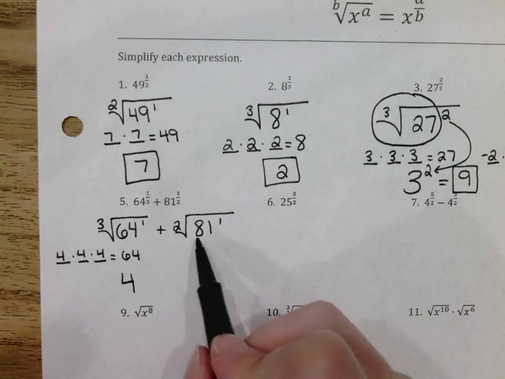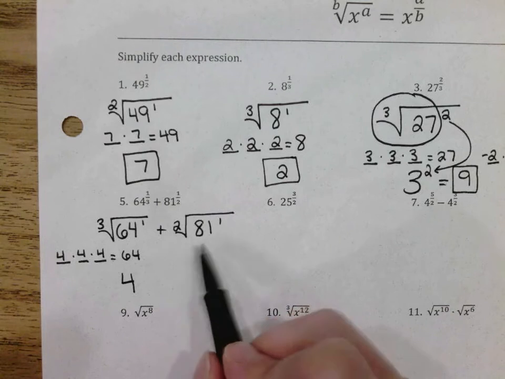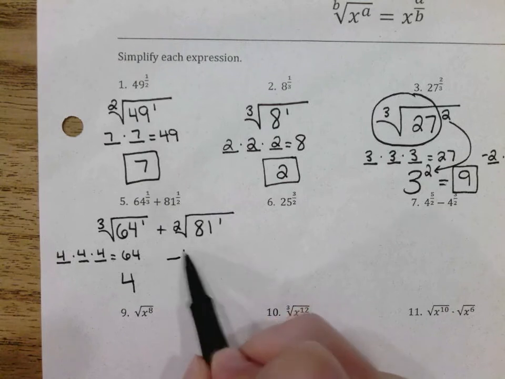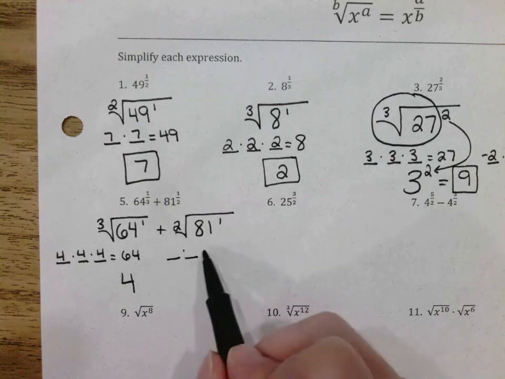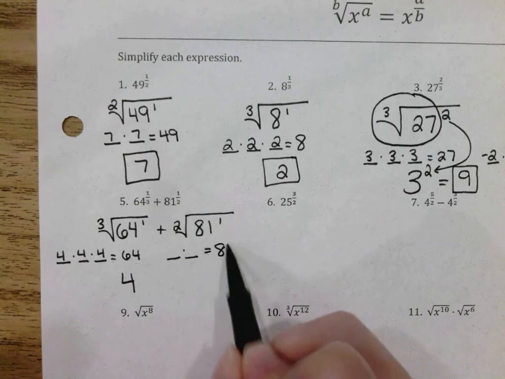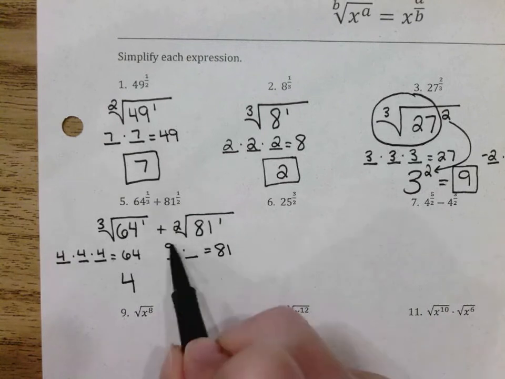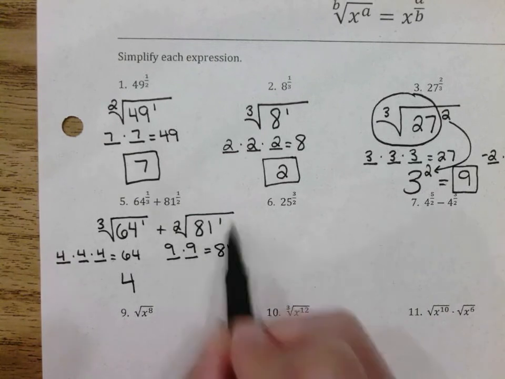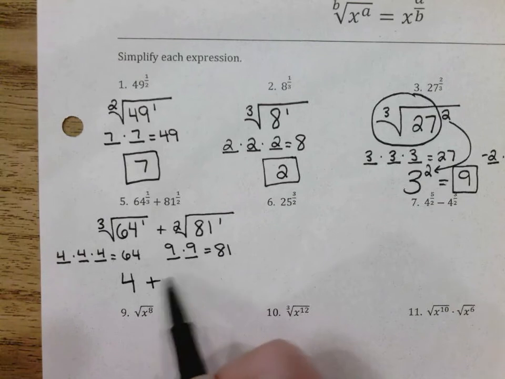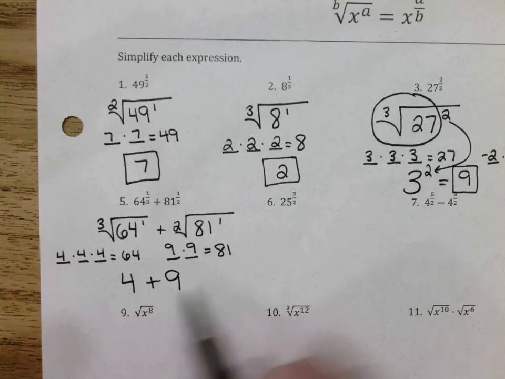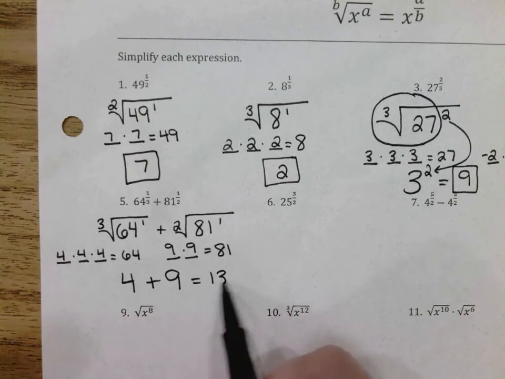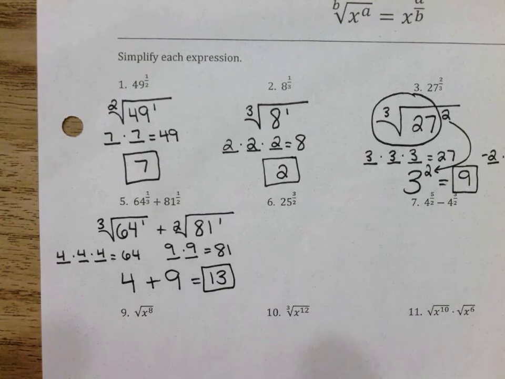So now over here, this is a pretty easy one. Square root of 81. If you want to write it out, we know we need 2 things that multiply to get us 81. Hopefully you know that's 9 times 9. So this simplifies down to a 9. And now we just have 4 plus 9, which we know is 13. The answer to the problem is 13.